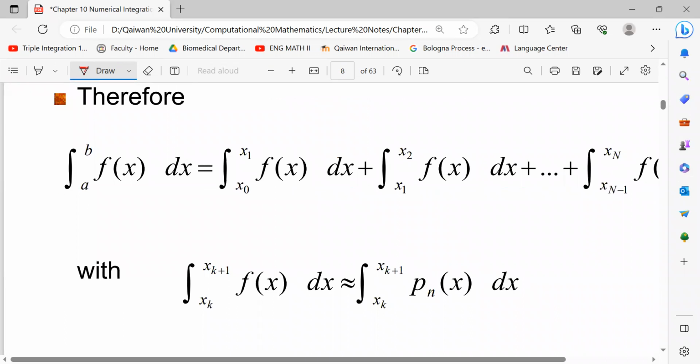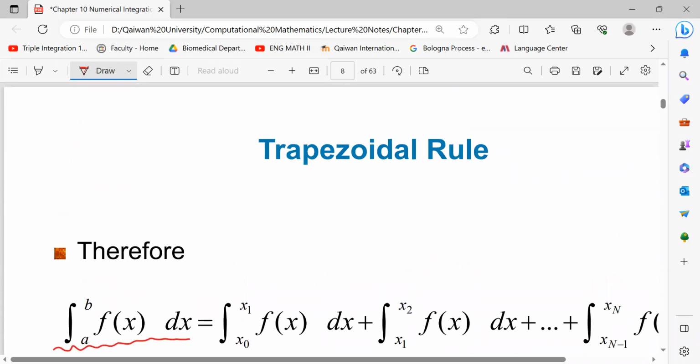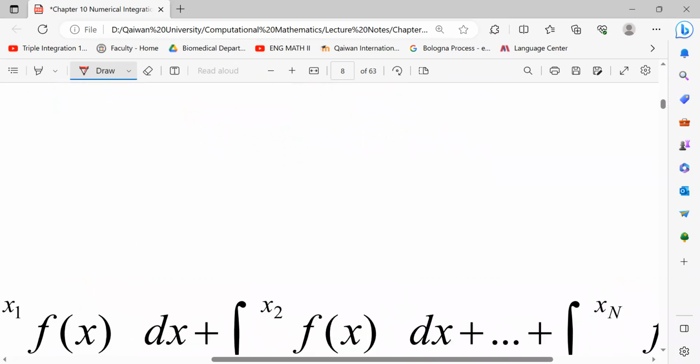We say the integration of f of x dx is, let me explain it here.